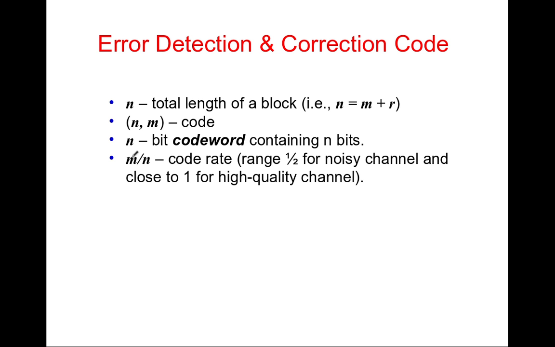Somewhere near about half, only m bits will be there. Whereas if the channel quality is good, fewer errors are possible and error detection alone can be done, and that comes to a code rate close to 1. So m will be close to n, that's why the ratio will come to nearly 1.